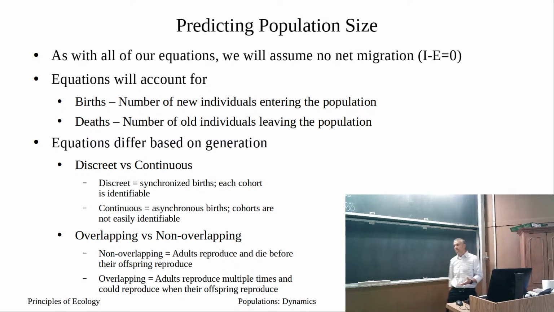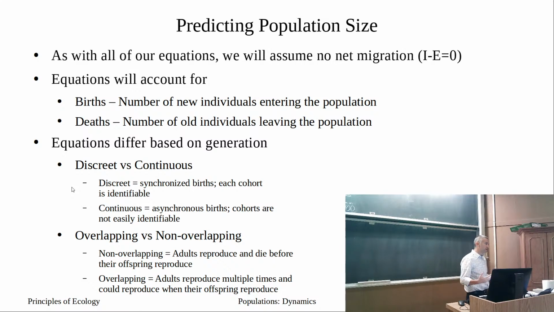They're similar in that they predict population size and account for births and deaths. We could add in migration if we want to, but we assume that migration, or net migration, is 0. But some of the terms change based on the distinction between discrete versus continuous and overlapping versus non-overlapping generations.